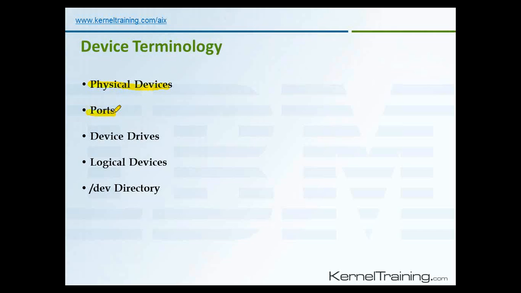Ports are devices that have built-in software to sense what kind of device is connected to them, and they dig out the information about the device. So ports are a special set of devices with built-in software to sense what kind of device is connected, and according to that we load a proper driver.